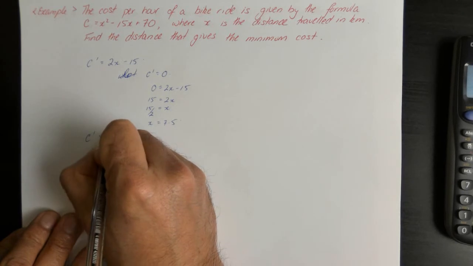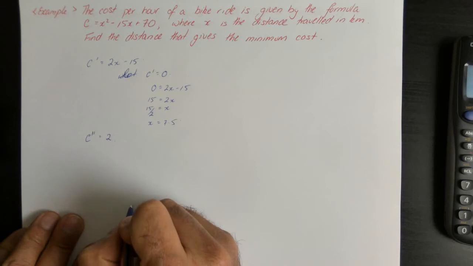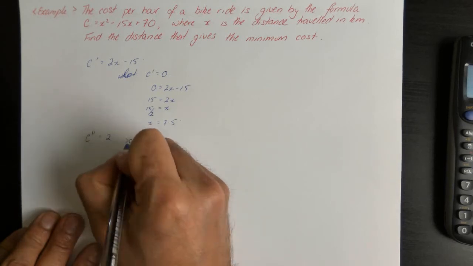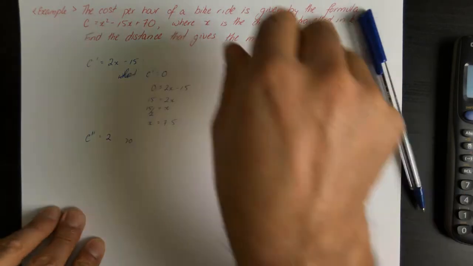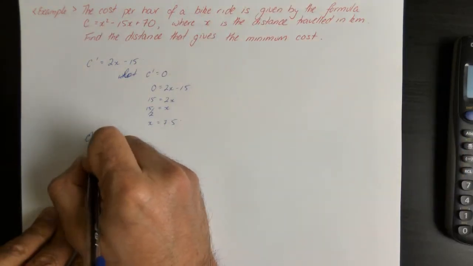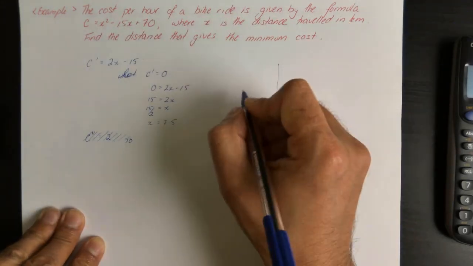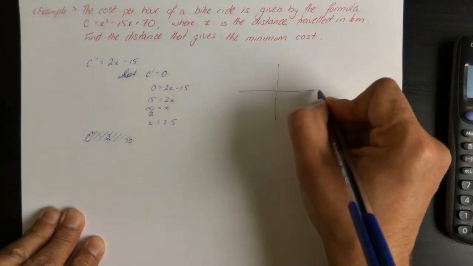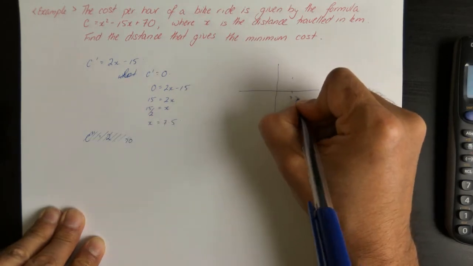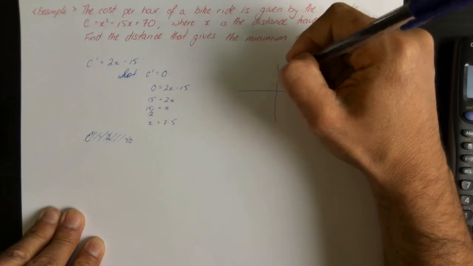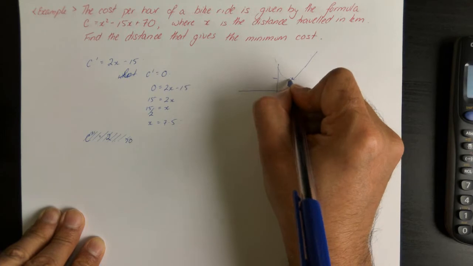If I differentiate that, that gives me x equals 2, which is 0, so it doesn't tell me much here, that doesn't really help me. But I know it's a parabola, and I have a stationary point when x equals 7.5. It's a positive parabola, so it looks like that. So the minimum cost would be at that stationary point.